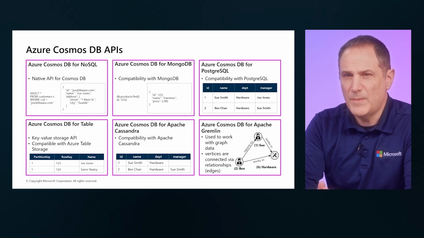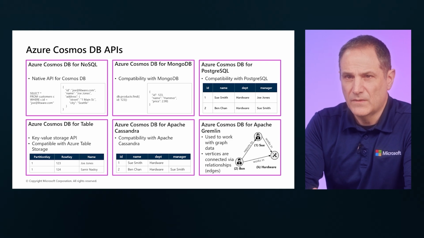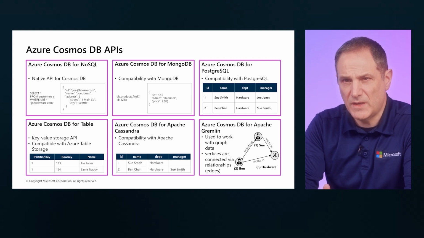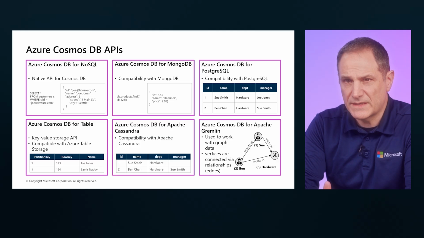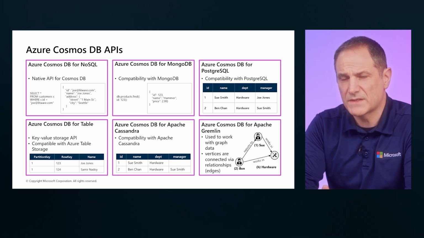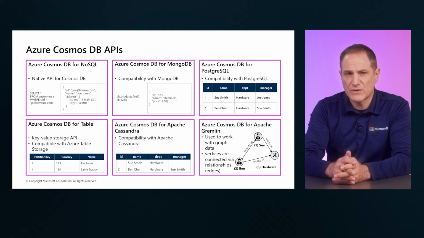Let's look at API support in Azure Cosmos DB. First, Azure Cosmos DB for NoSQL. This is the native API in Cosmos DB. It manages data in JSON document formats, and it uses SQL syntax to work with the data. Then we have Azure Cosmos DB for MongoDB.